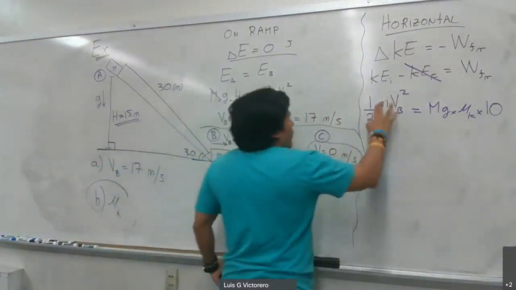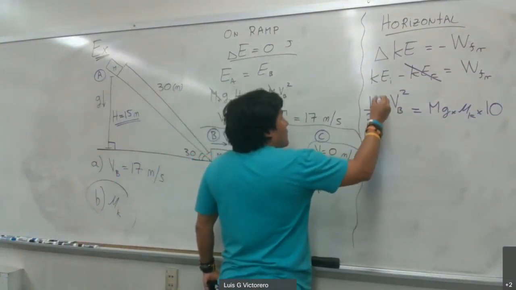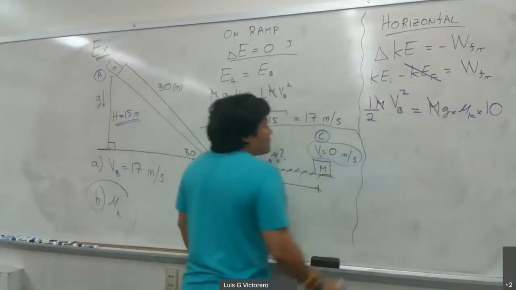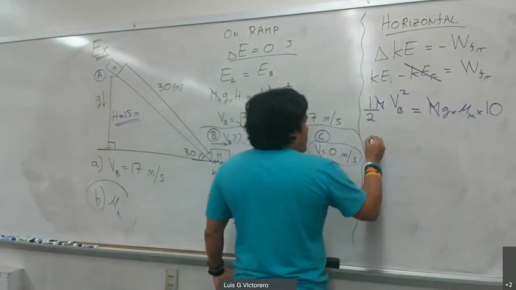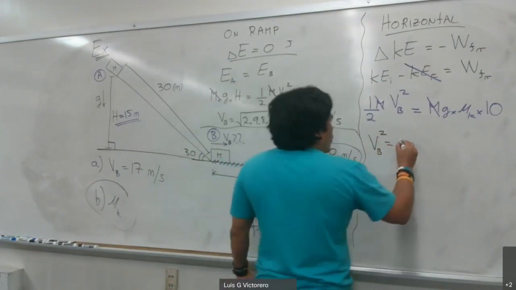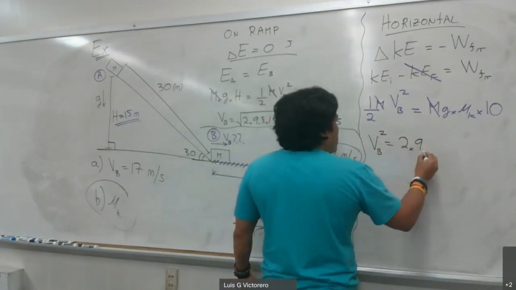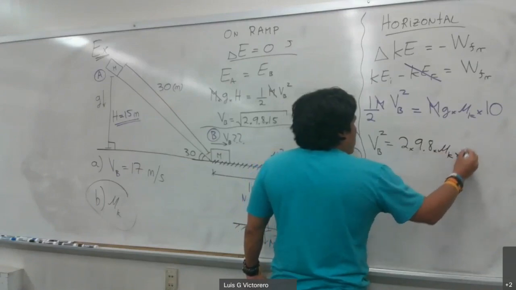Perfect. So we didn't need the mass of the body. The mass gets cancelled here. The velocity v squared is equal to 2 times 9.8 times mu k times 10.